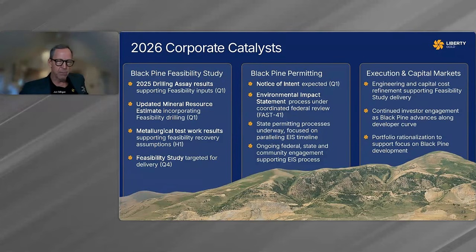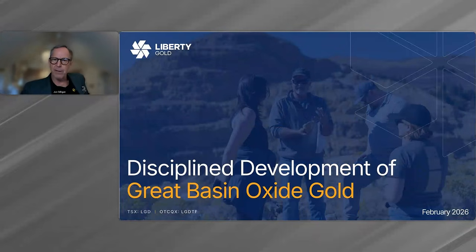Black Pine is moving strongly down that late stage heap leach developers path. And as we get some improved degree of certainty on permitting, that's the point where developers start to be considered less as a long dated option and much more as a real buildable asset. And we expect that will translate into a re-rate and really bring us into the main body of developers from a value point of view.